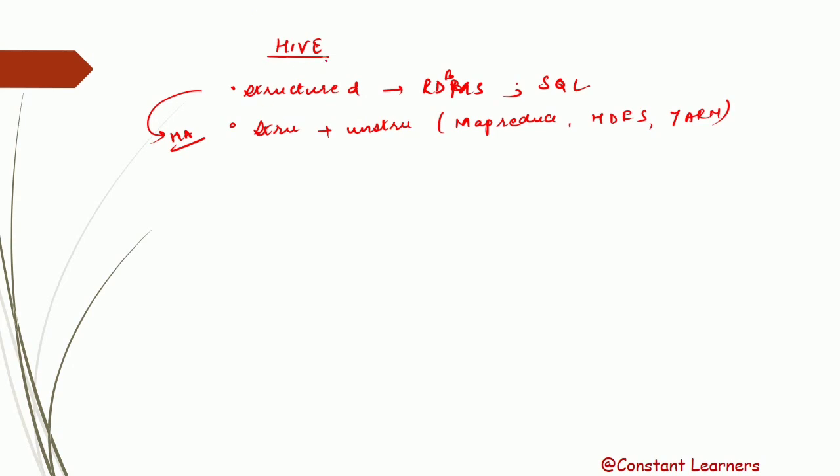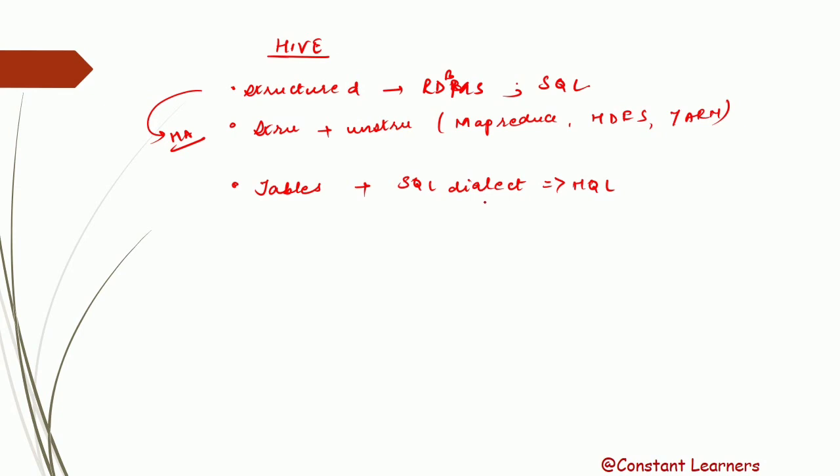Because of this, Hive was created. Now what is the speciality of Hive? Hive can store the data in the relational format, that means in the form of tables, and Hive also has an SQL dialect as a language to query. The language used for Hive is known as HQL, that is Hive query language, and this is a dialect of SQL.